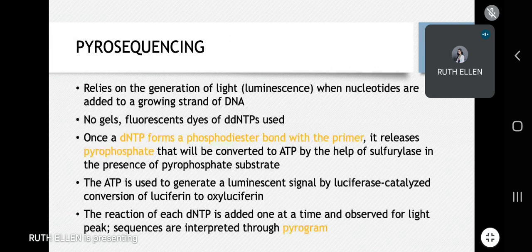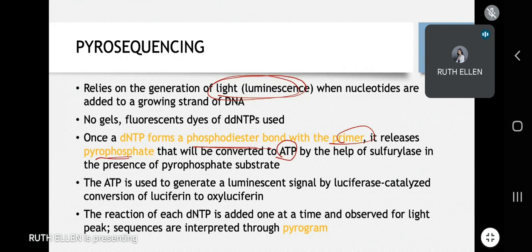Okay? So pagdating sa pyrosequencing, wala tayong ginagamit na gel at wala ding fluorescent dyes sa ddNTPs. Okay? So, ang ginagamit talaga natin pagdating sa detection is the generation of light or luminescence. Okay? So, once a dNTP forms a phosphodiester bond with a primer, it releases pyrophosphate, okay, that will be converted to ATP.